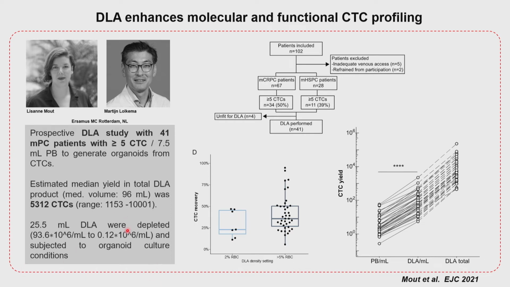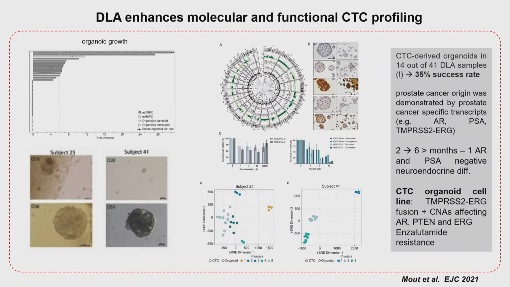They then depleted 25 milliliters of these products and were able to generate CTC-derived organoids in 35% of their samples. However, most of them didn't grow further than a few weeks, but in one case they were also able to establish a permanent cell line, which again recapitulated quite nicely the characteristics of the patient in terms of response to therapy.